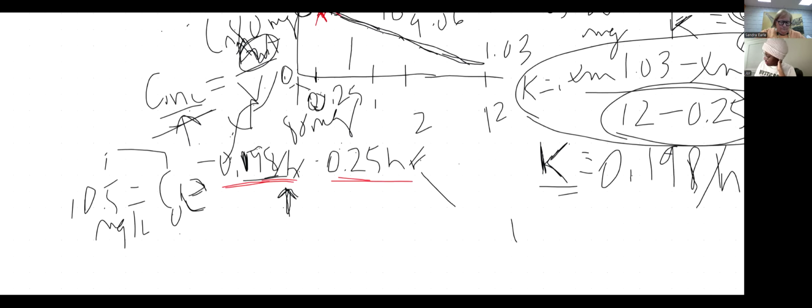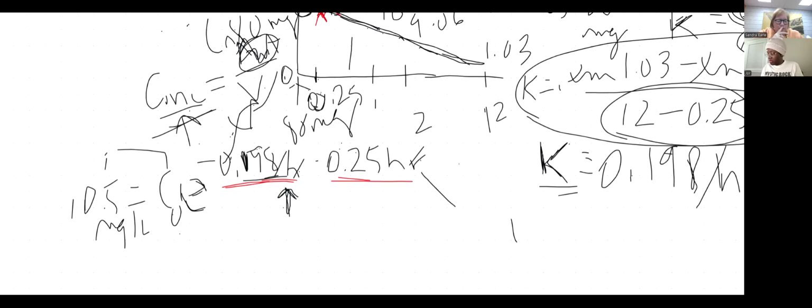With the number that I have, what did you get? I have negative 0.0495. Wait, what's that number? These two multiplied together?